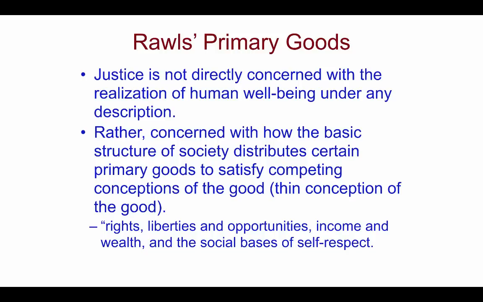It is concerned only with how the basic structure of society distributes certain primary goods to satisfy competing conceptions of the good, a so-called thin conception of the good. His primary goods again involve rights, liberties, and opportunities, income and wealth, and a social basis of self-respect.